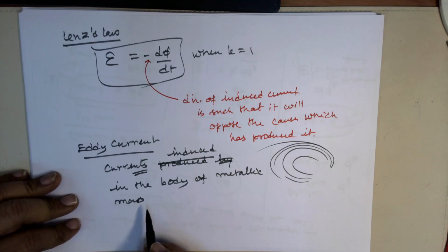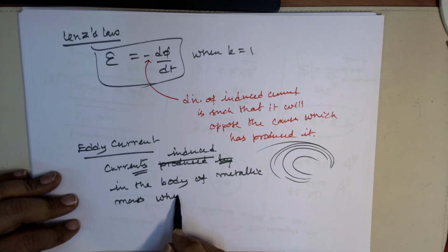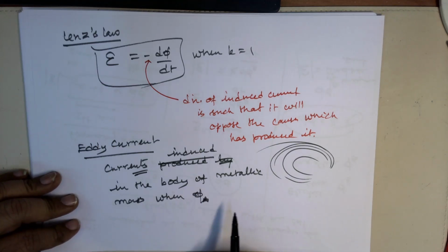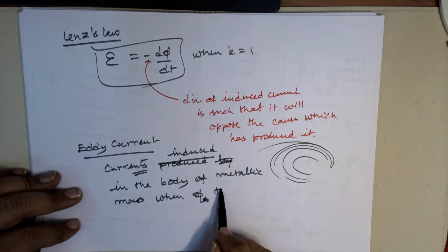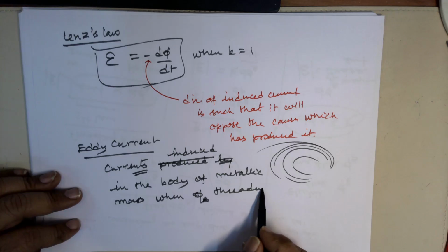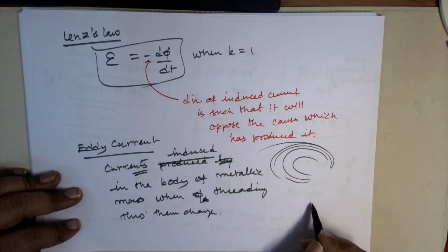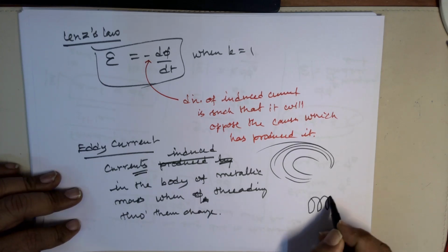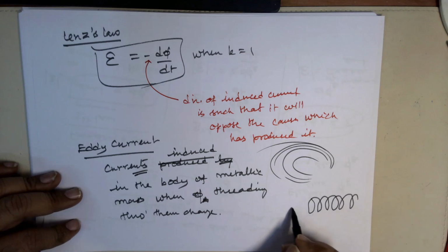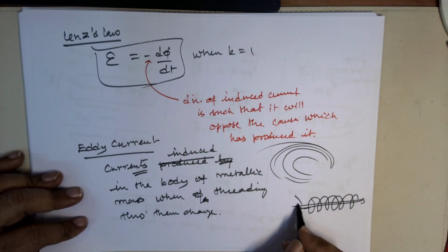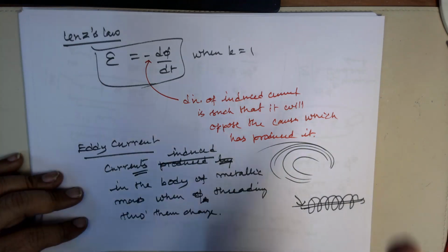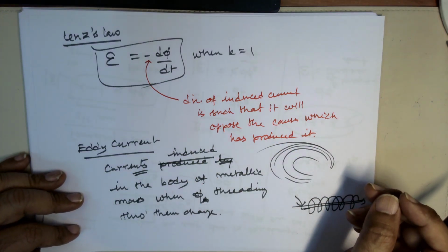When the magnetic flux threading through them changes. For example, you have a coil like this, and can you wind the coil like this? You need some solid core inside. Because of the solid mass, there will be a lot of eddy currents produced or induced.